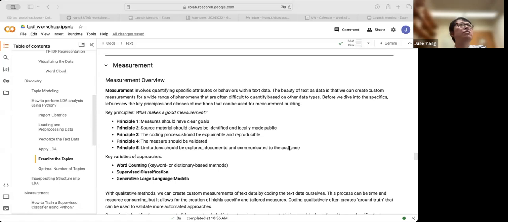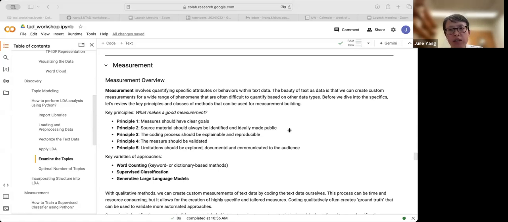I've read, for example, about researchers measuring political bias in a certain document. And in my research, I've built measurements of whether people are liberal or non-liberal towards premarital sex in a patriarchal context. So measurement building is really dependent on your research goal, and it can be really flexible.